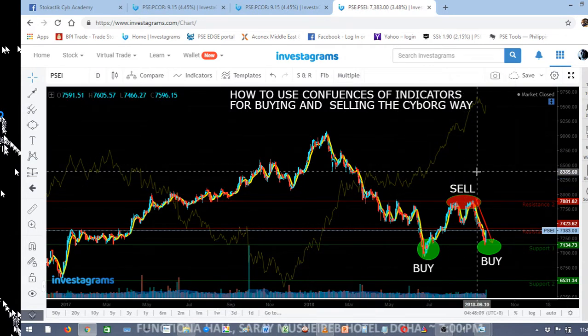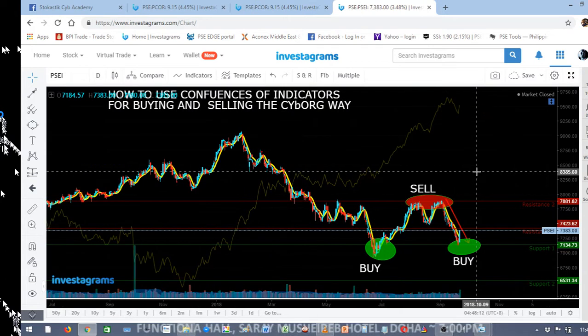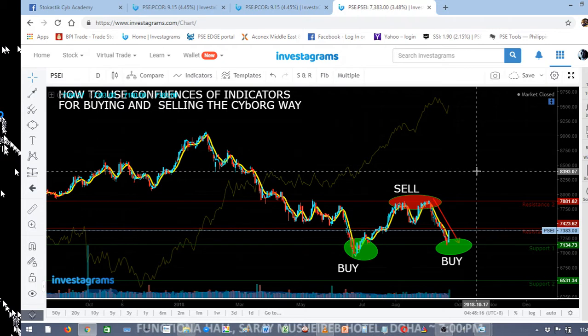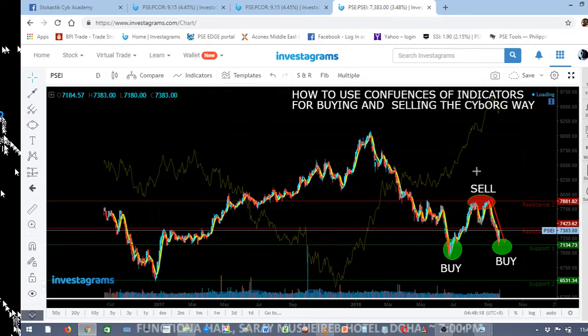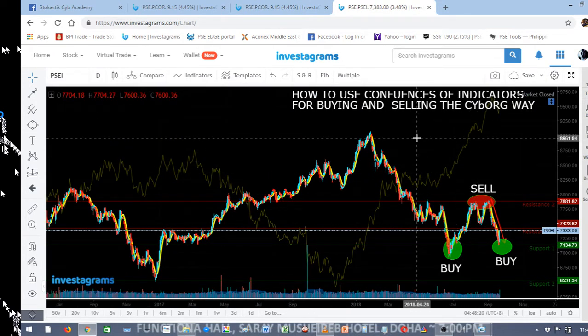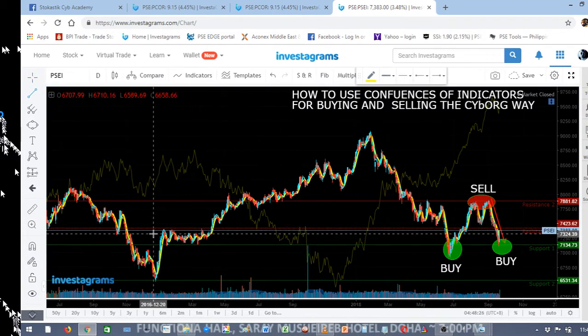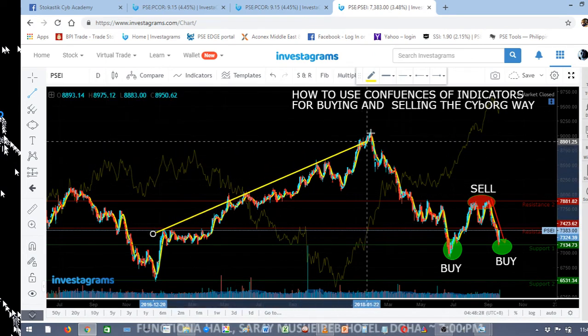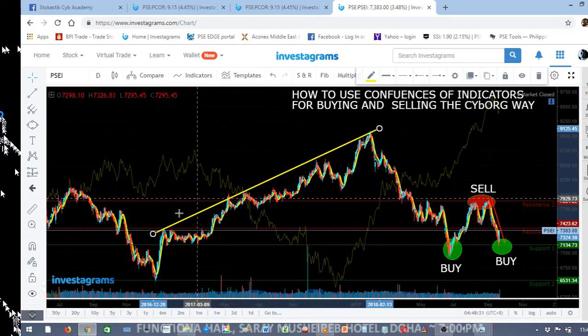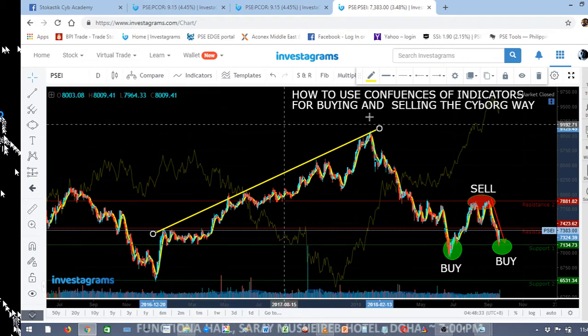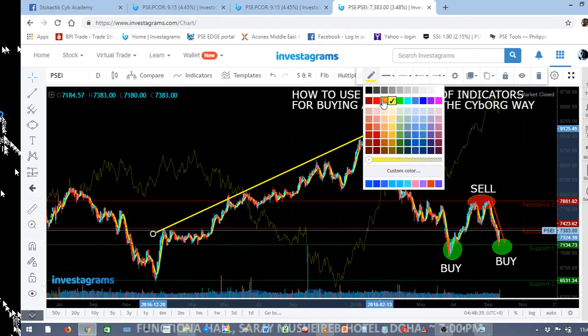So it is important to know the resistance trend line and the support trend line to know whether this stock is going up or going down. In this particular case, we have to identify the trend line by looking only with your bare eyes. So this is now your resistance.